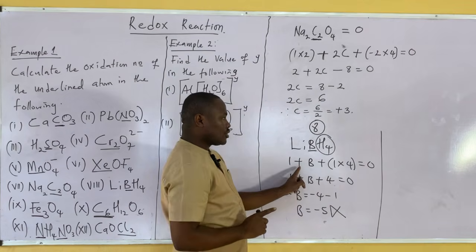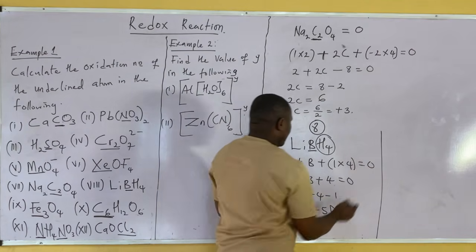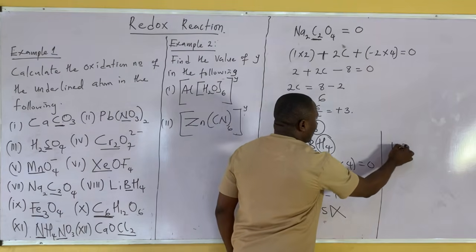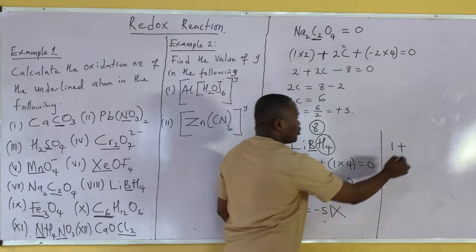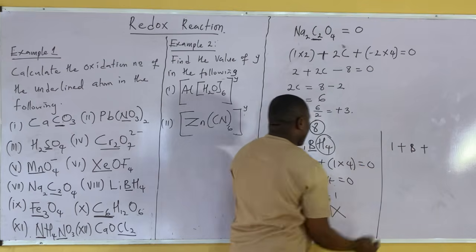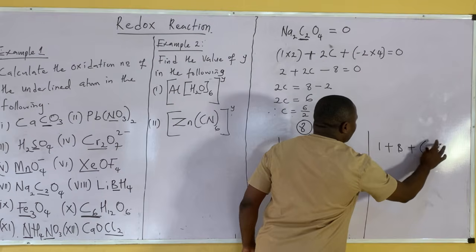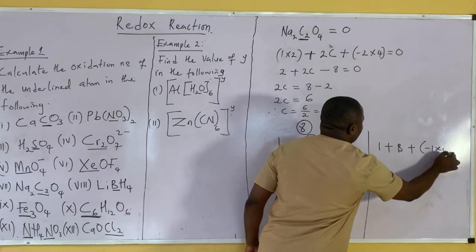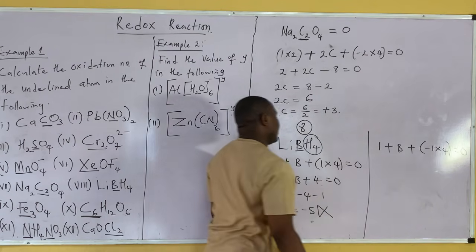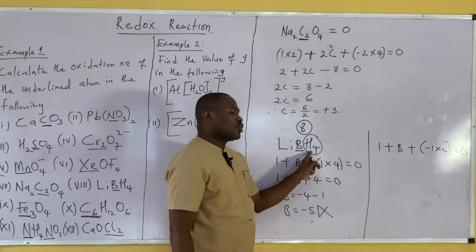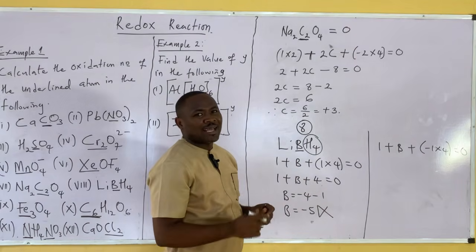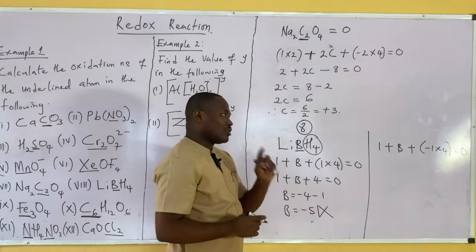So the right way to solve this will be lithium, which is plus 1, 1 plus boron, which we are looking for, plus hydrogen is minus 1. So it's minus 1 times 4 equals 0. I reiterate again, the oxidation number of hydrogen in a metal hydride is minus 1.